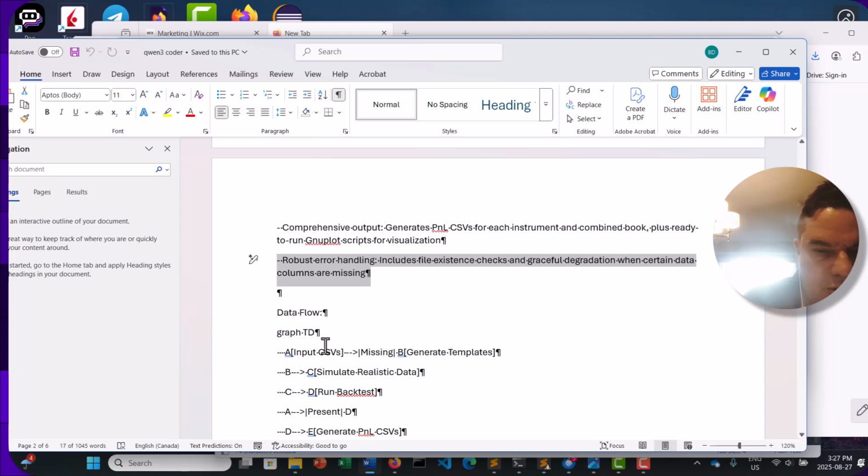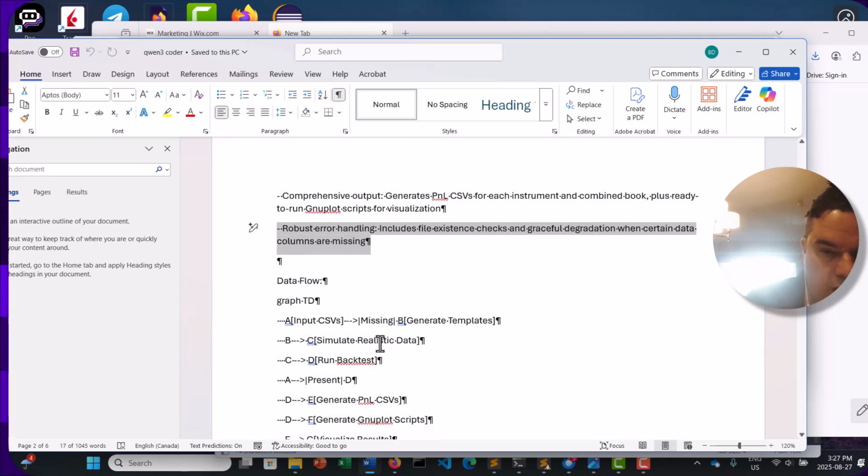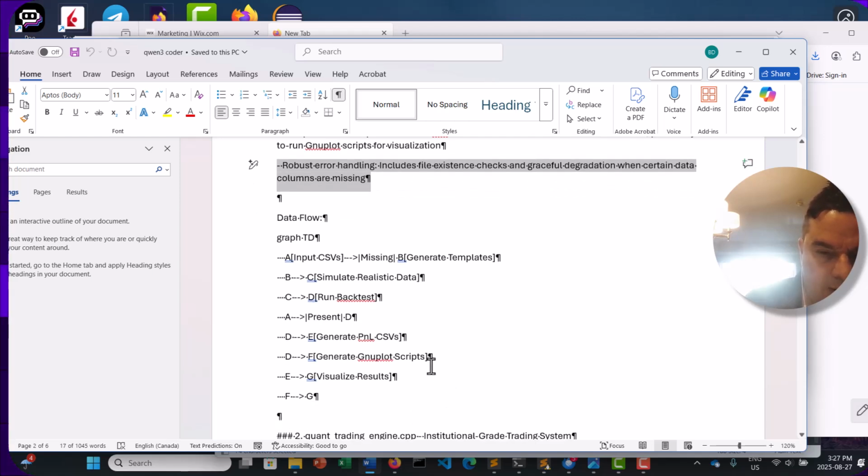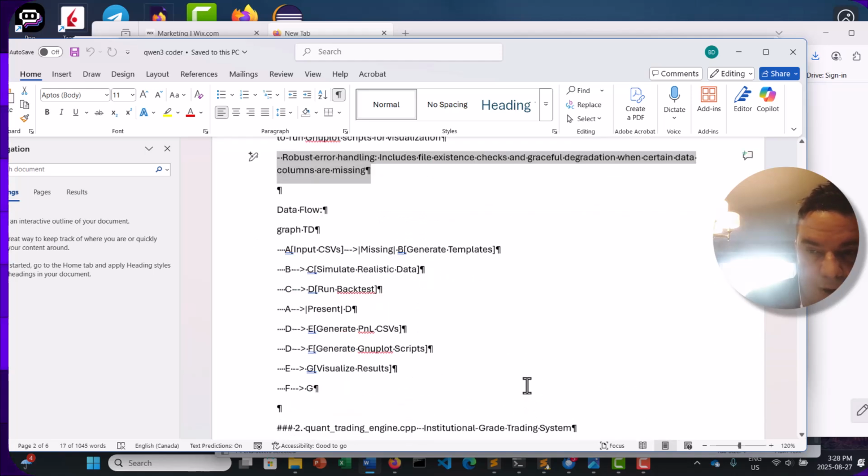So here with the data flow, we've got simulate realistic data, run backtest, present, then generate P&L CSV, generate the plot scripts, and visualize the results right in the program. I believe that's the backtesting one.